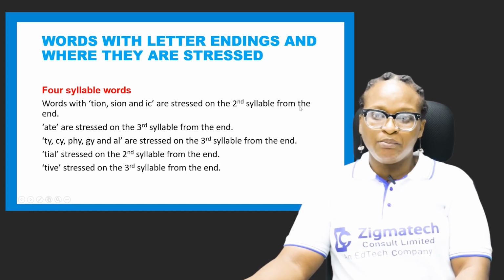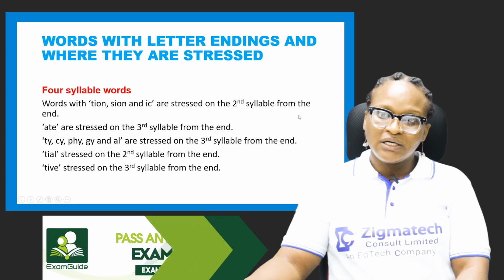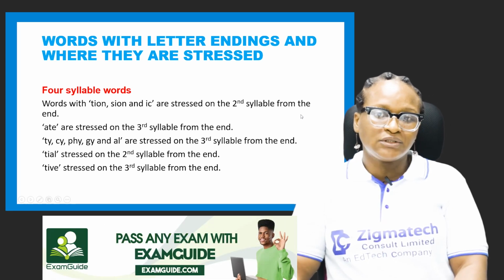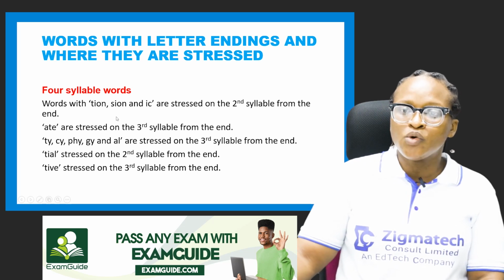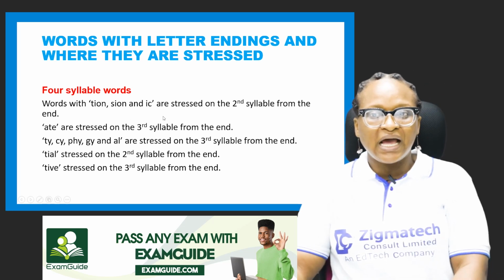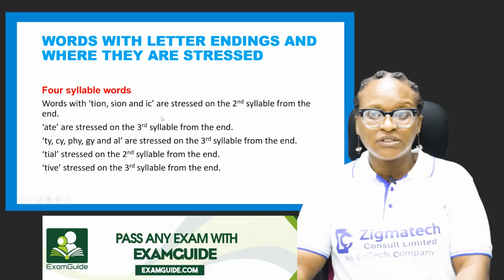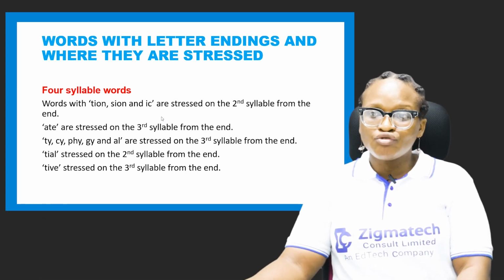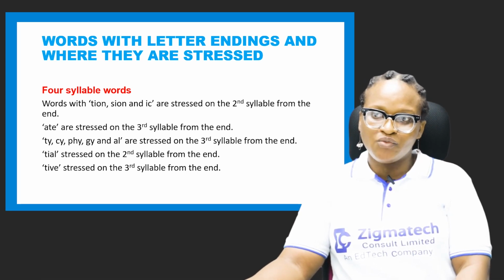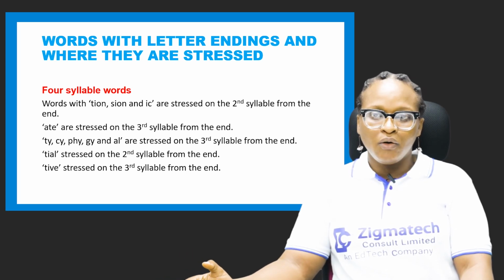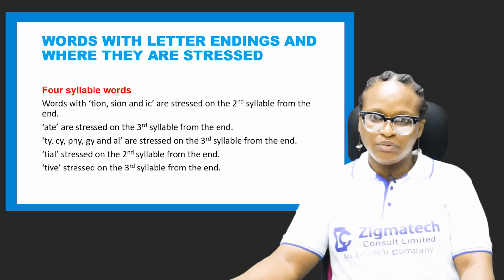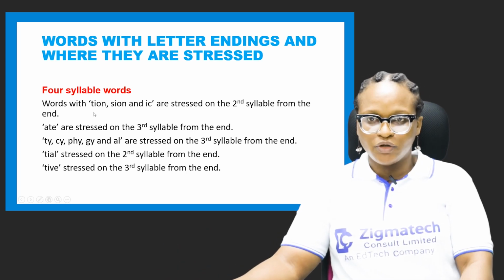Sometimes it is called the penultimate syllable. The second to the last syllable is called the penultimate syllable. So basically, words with T-I-O-N, S-I-O-N, I-C are stressed on the penultimate, what we call the second syllable from behind, or the third syllable counting from the front.